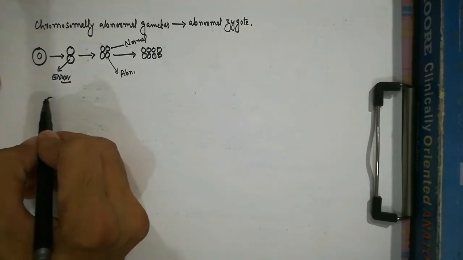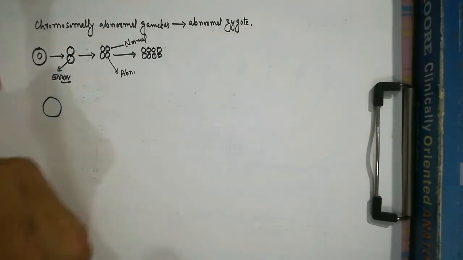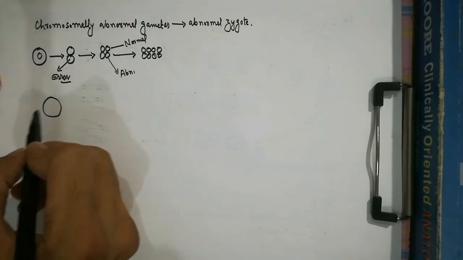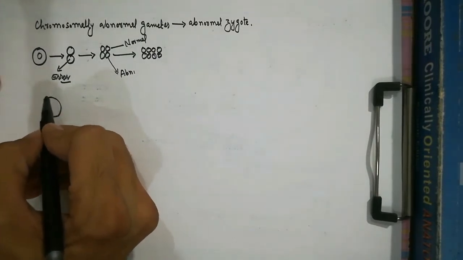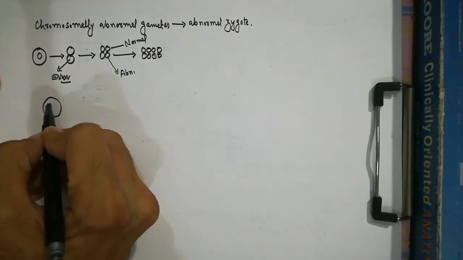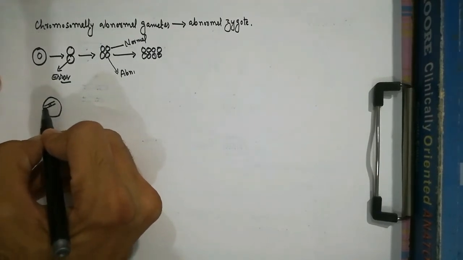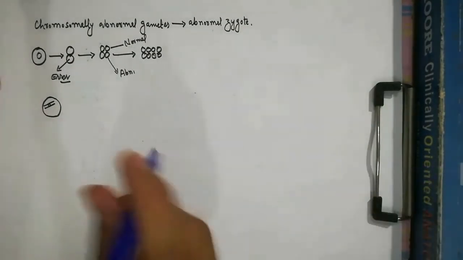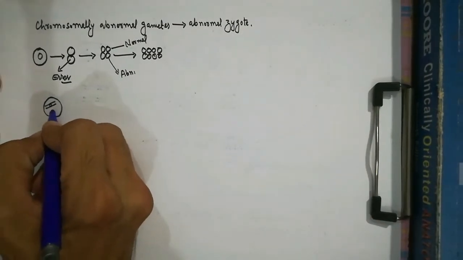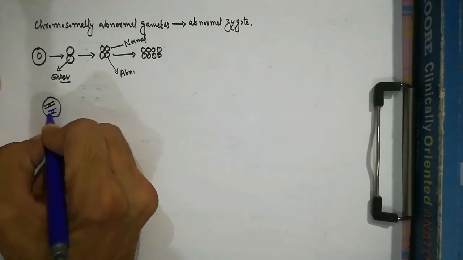Suppose this is a primary oocyte which undergoes first meiotic division, and this is one chromosome and this is another chromosome.